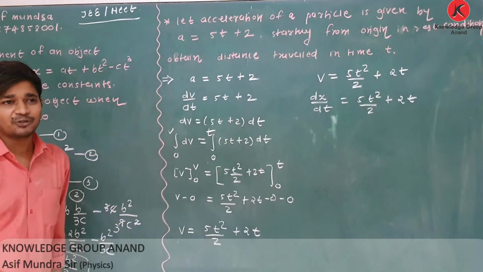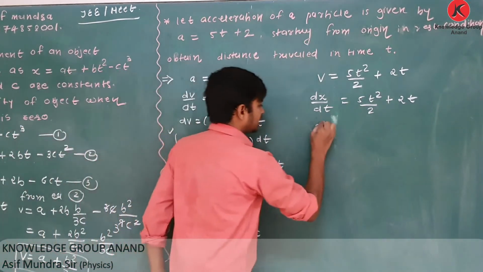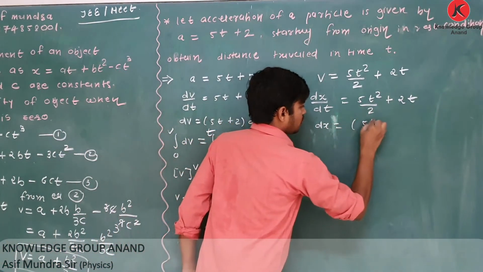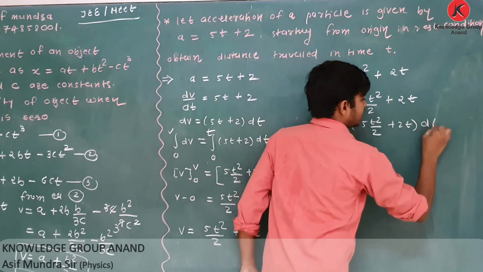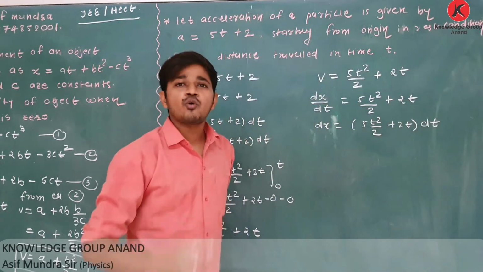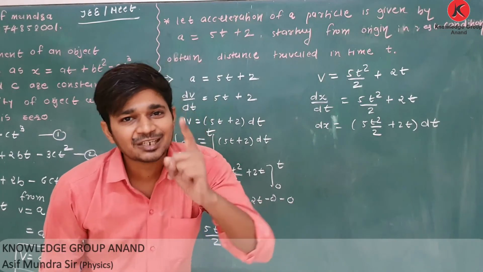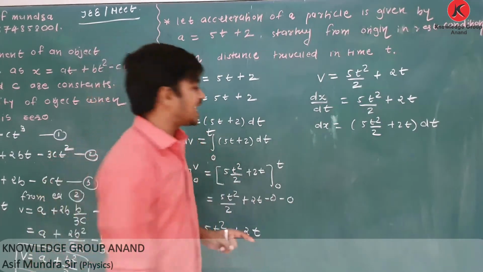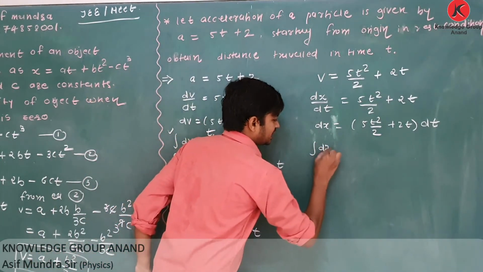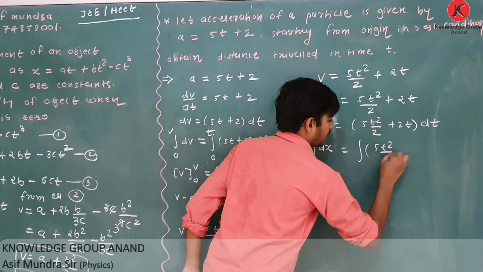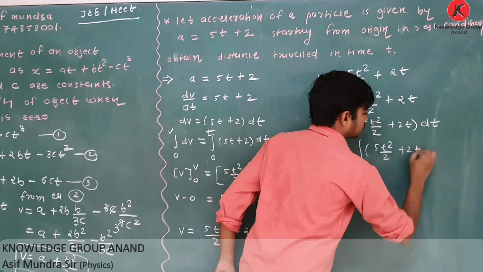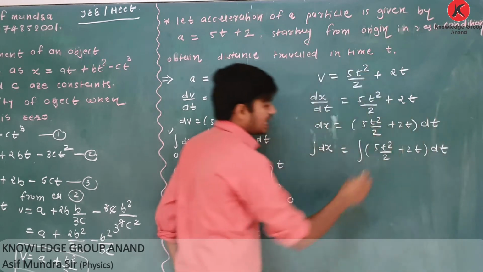Clear about this? Now make this dx as subject, then dx is equal to 5t square by 2 plus 2t, and here it is dt. Now you know what to do. Integrate this equation to find total distance traveled. Okay, so integration dx is equal to integration 5t square by 2 plus 2t dt.